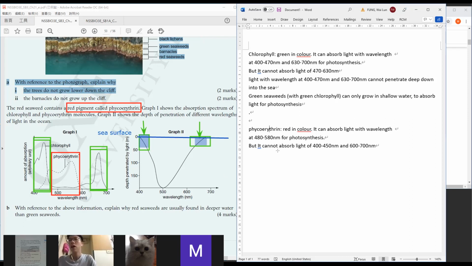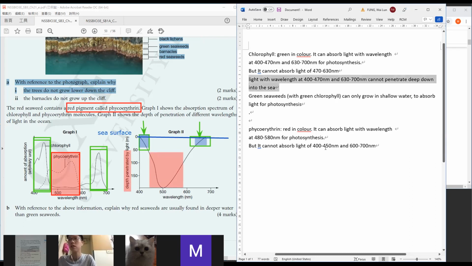Okay, so let's copy from the phycoerythrin. These range of light can penetrate deep down into the sea.